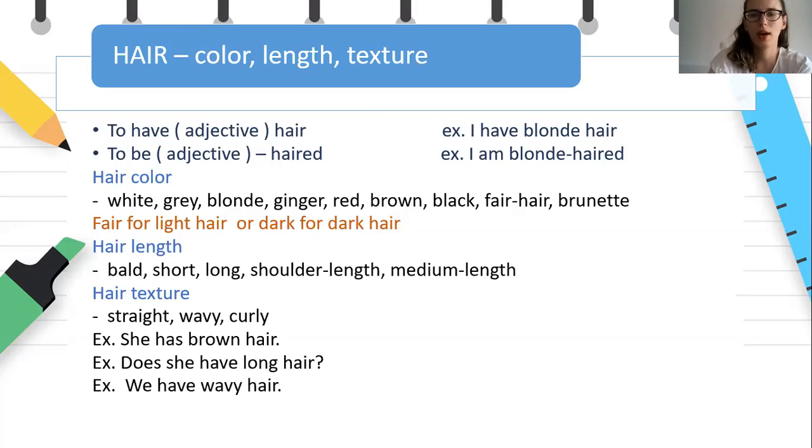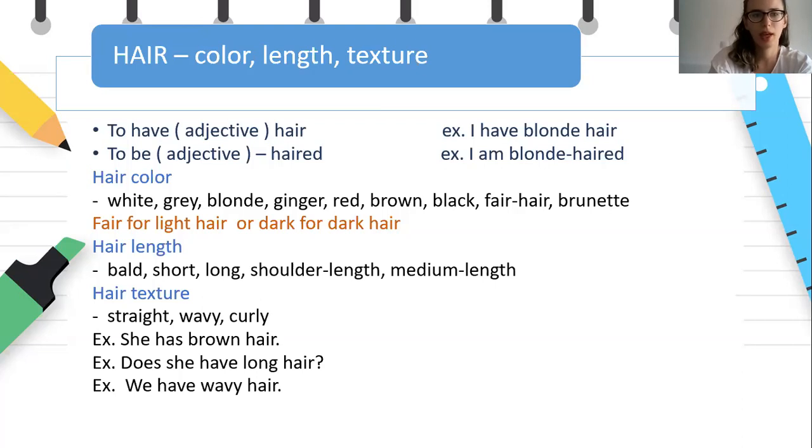So you can say I have blonde hair or I'm blonde haired, I'm dark haired. Most common colors are white, gray, blonde, ginger, red, brown, black, fair hair, brunette. We use fair hair to describe light hair, but to describe dark hair, we only say dark.